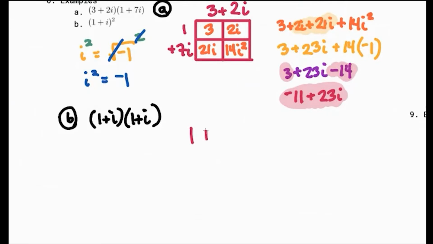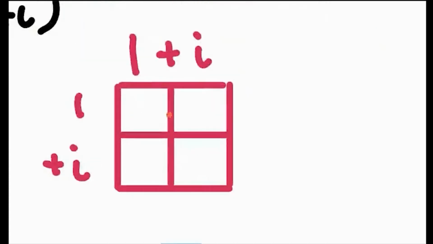So we have 1 plus I. And then we have 1 plus I. All right, so you're going to have 1, you're going to have I, you're going to have I, and you're going to have I squared.